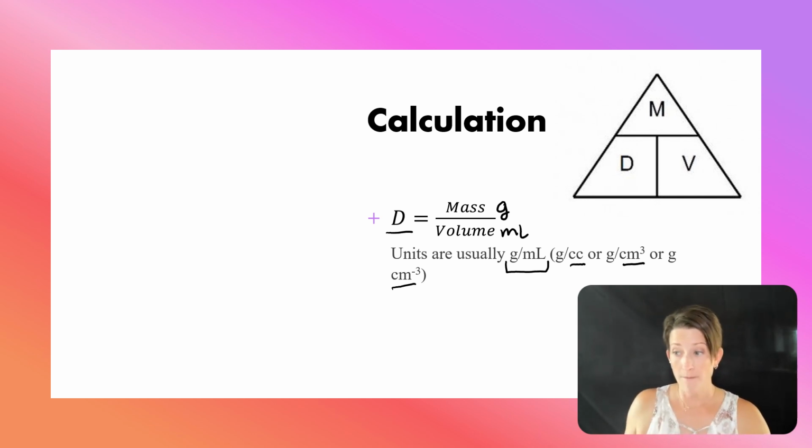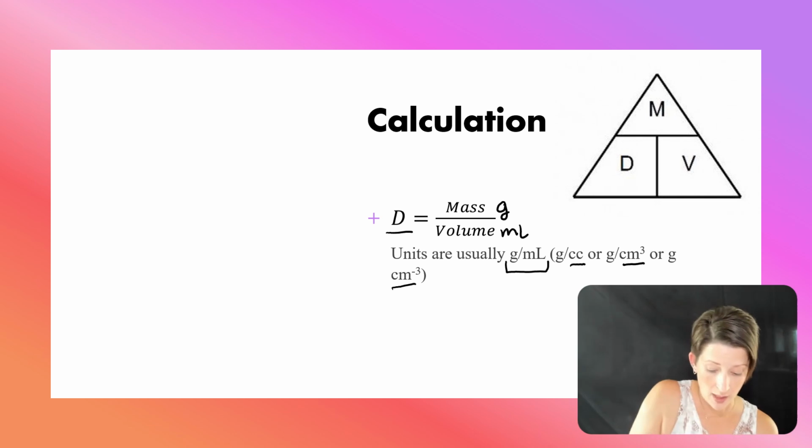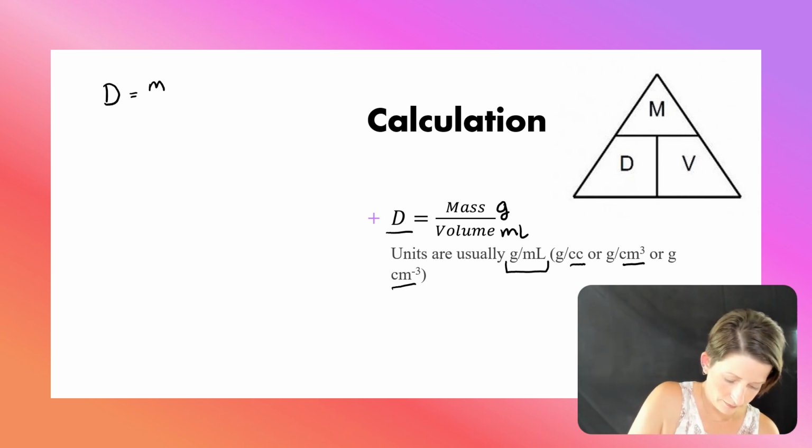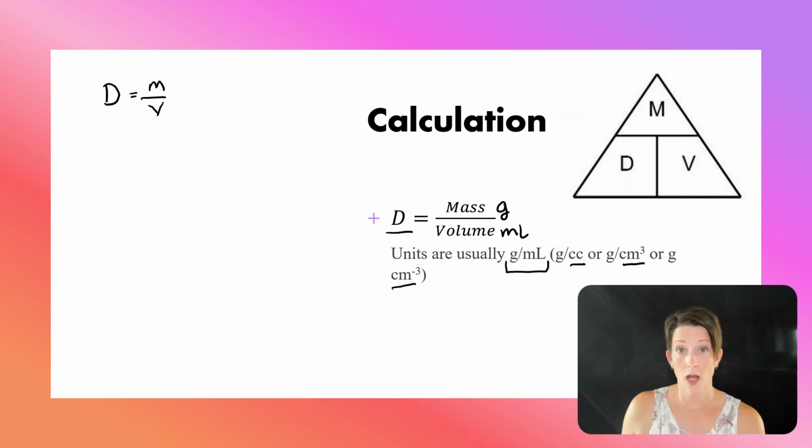If you are confident in rearranging a three-variable equation, you may do so. So if we have density equals mass over volume, and you need to solve for something other than density, you need to be able to rearrange this calculation. Let's say you want to solve for mass.